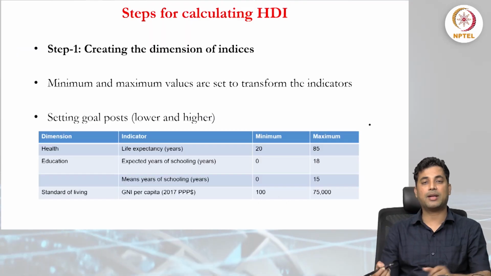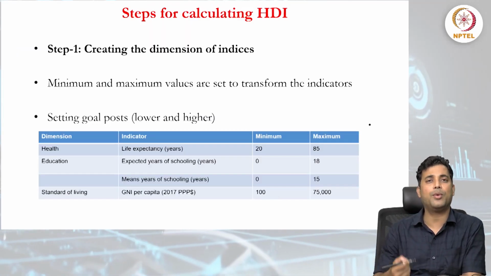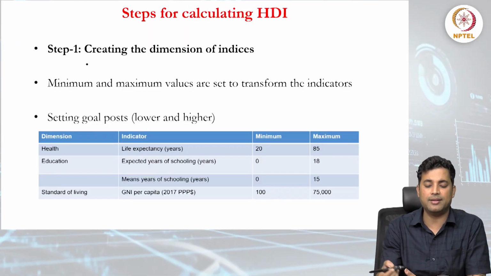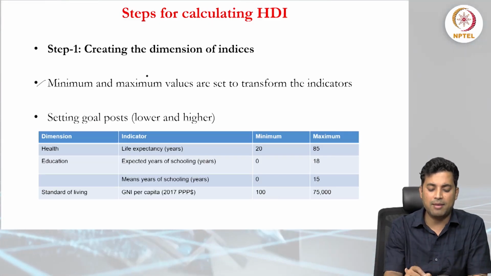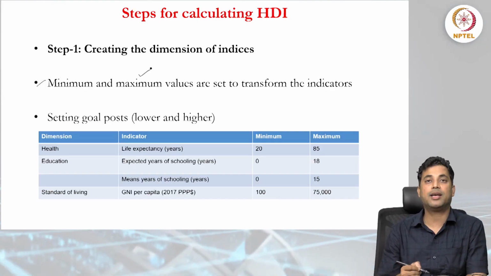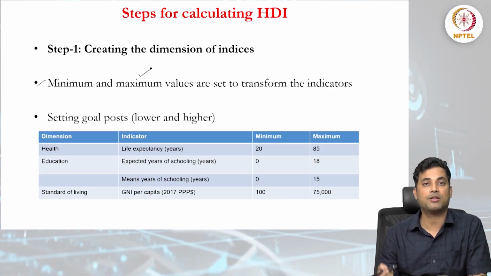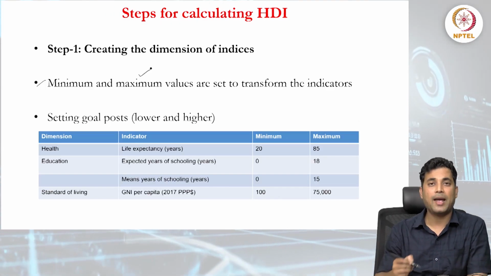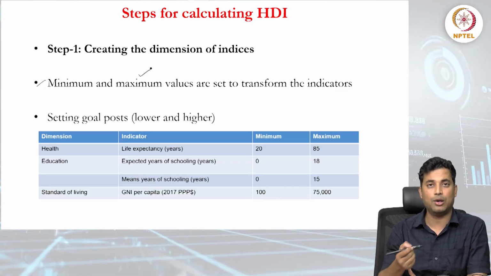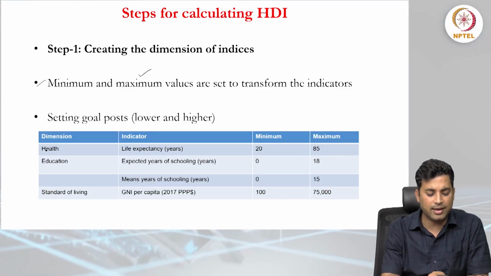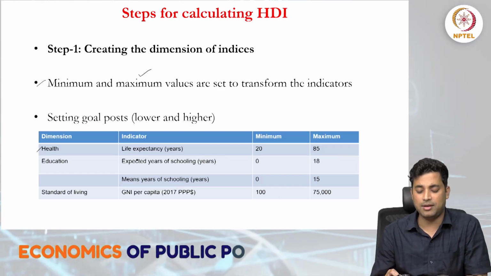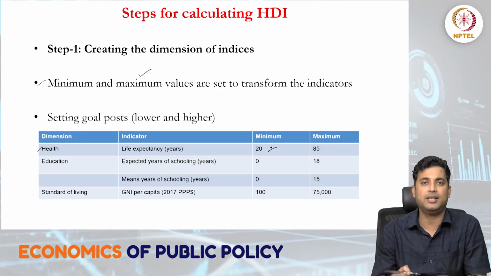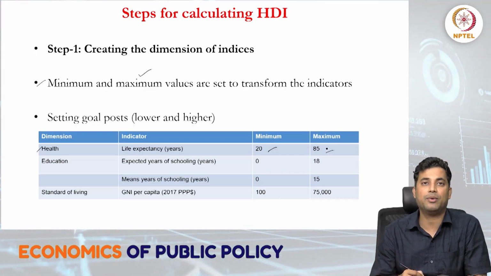So let's see the steps for calculating. Step 1 is creating the dimensions of the indices, which is very important. Then minimum and maximum values are set to transform the indicators, and setting the goal, lower and higher, is very important. Take the example of health: the minimum life expectancy for any country should be 20 and the maximum 85.